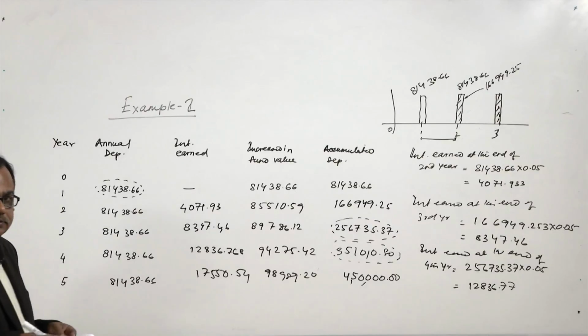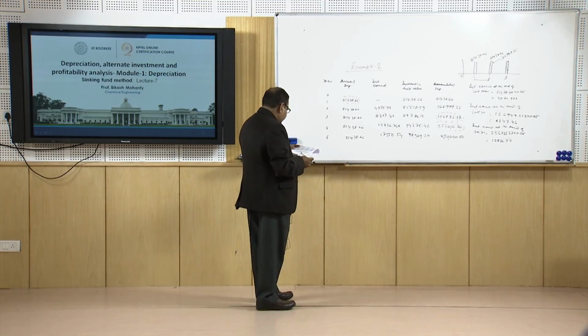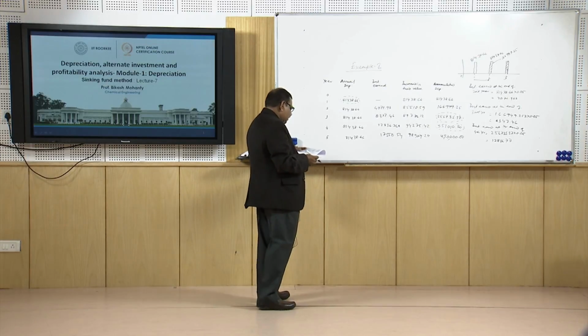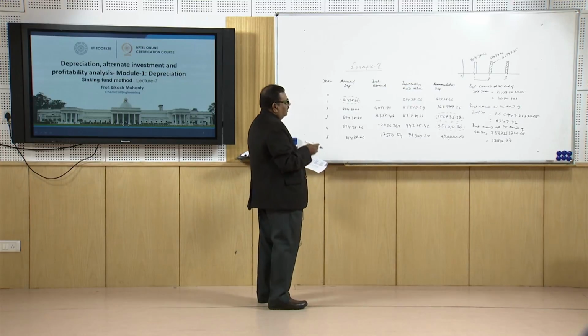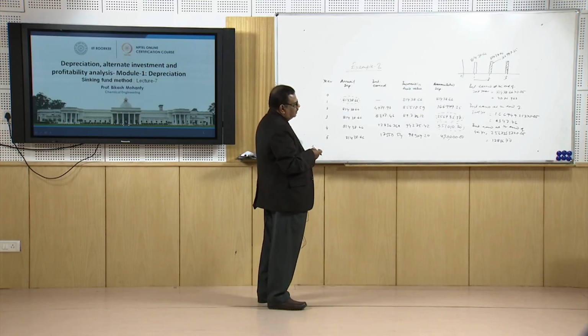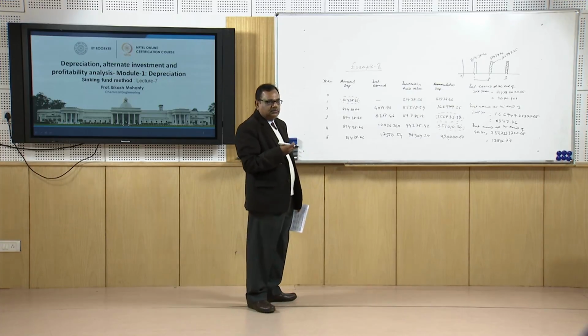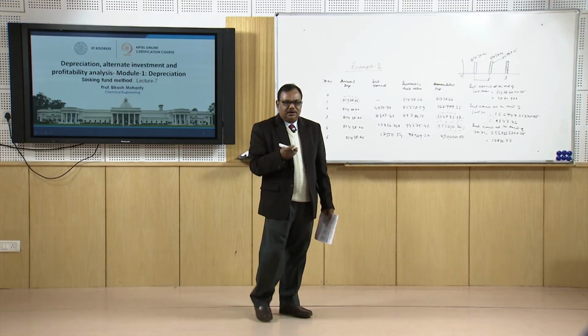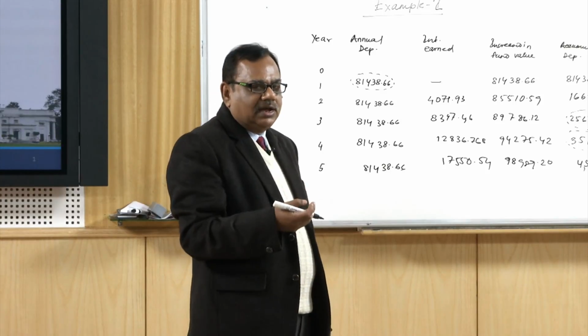Now, if you see this, you will find that this method assumes that the cost of the machine will remain stagnant at 5 lakhs. The assumption in this method is that the cost of the machine remains constant when we purchase it after 5 years.